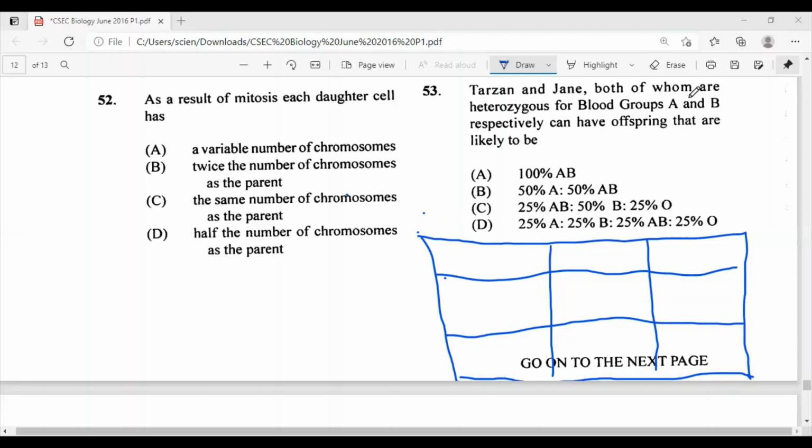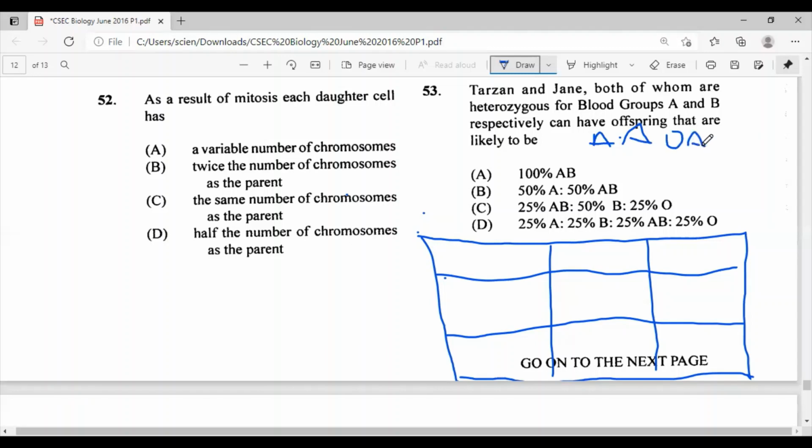And in a heterozygous person, both alleles are present at the locus, meaning that they have to have an allele that is capital and an allele that is common, or dominant and recessive. So now if they are heterozygous for blood group A and B, that would mean that to have blood group A, a person has to be AA or OA.